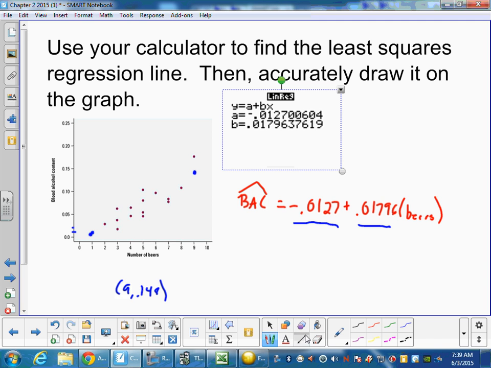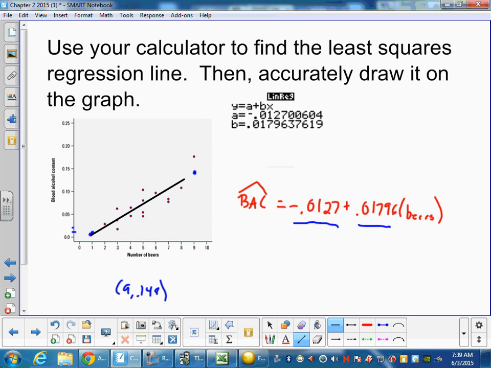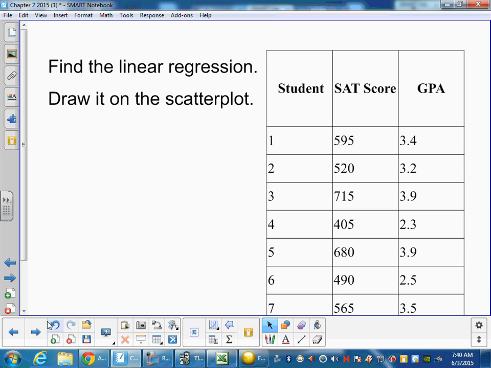And once I have those 2 points, then I can connect them with a line. So that's how you draw your least squares regression line. You pick 2 points, and we could have just thrown in a point for beers, got an answer, thrown in 1, thrown in 9, and we could do the same thing. All right, now try this on your own. Find the linear regression and draw it on your scatter plot.